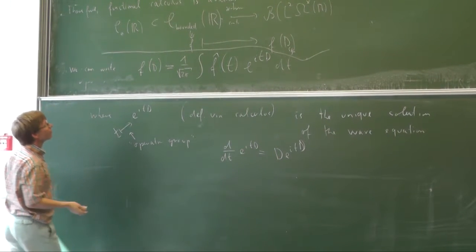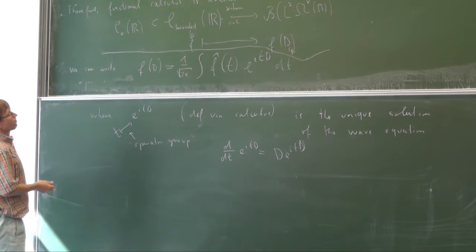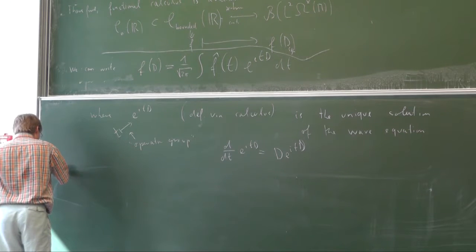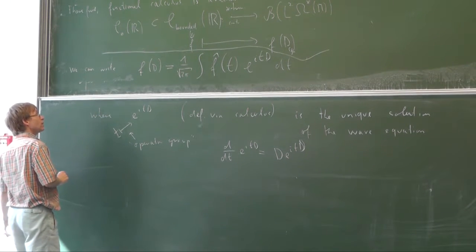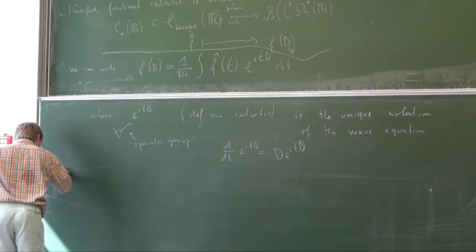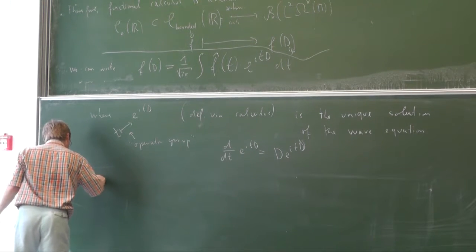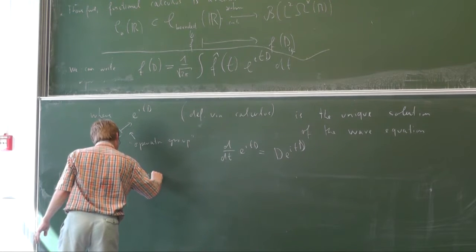These integrals exist as long as f hat is not too terrible. And the main point why it's very useful to write this like that is that we have the unit propagation speed.